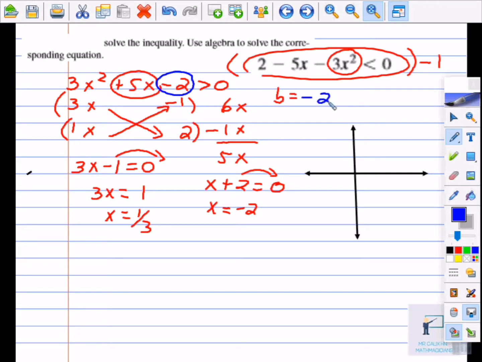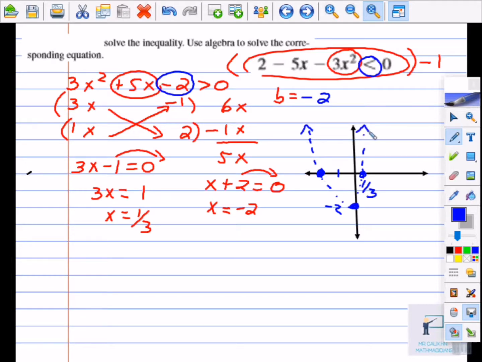If we locate those points, negative 2 for x, and 1/3, very close to the 0, and we locate negative 2 here. These are the three points that we found. Since the inequality does not have an equal sign, your graph has to be a dotted graph looking like a U.